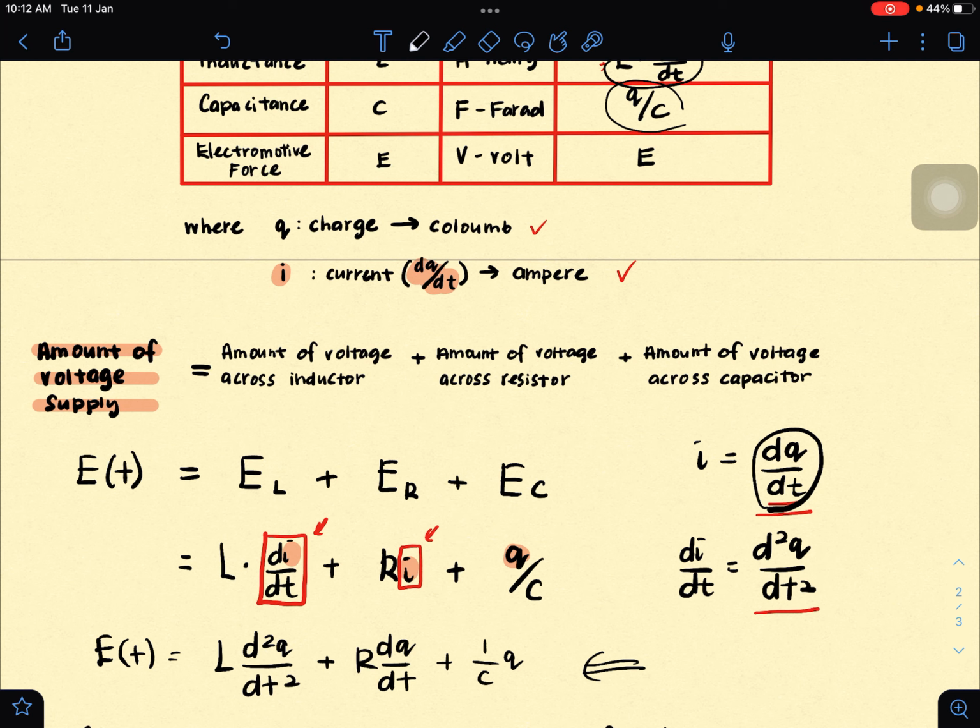We know that the amount of voltage supply is equal to the summation of all the voltages across the components. So here you get your second order differential equation. This is how you derive the equation for your electric circuits.